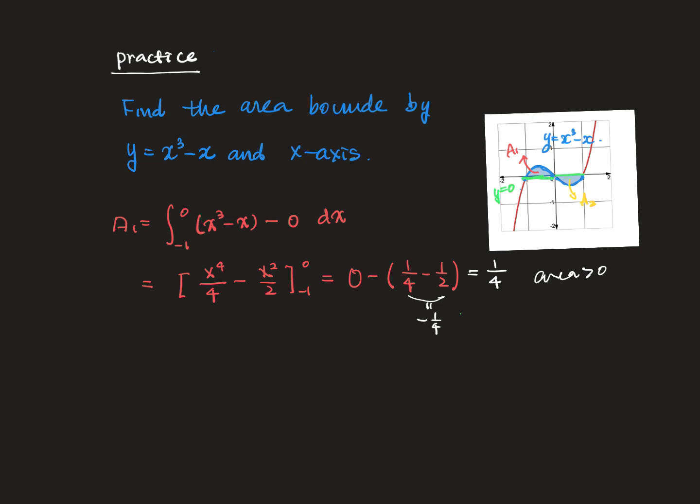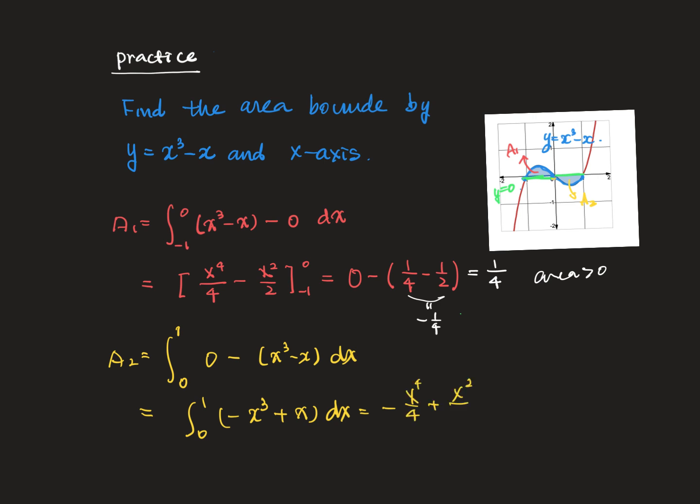The second part is A2, from 0 to 1. The upper curve is 0, minus x cubed minus x, dx. So this one is from 0 to 1 of negative x cubed plus x dx. So negative 1 over 4 x to the fourth plus x squared over 2, from 0 to 1.